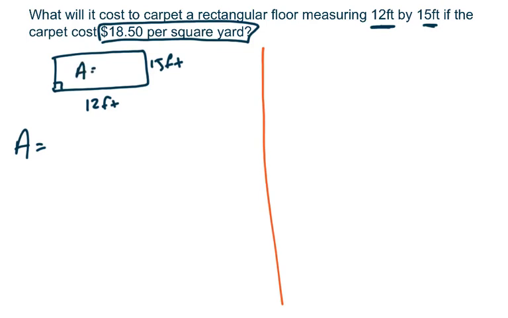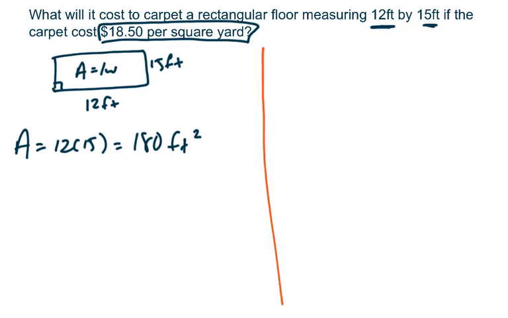So area is length times width. So we've got that 12 times 15, and we get a grand total of 180 feet squared.